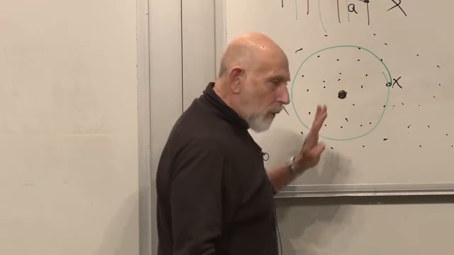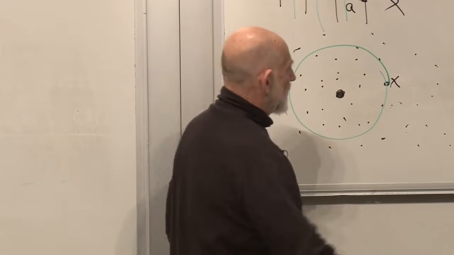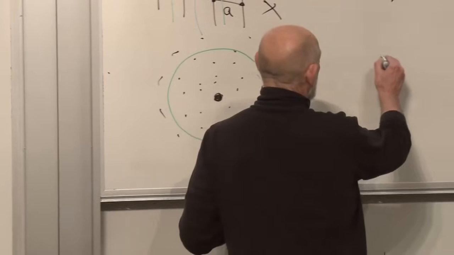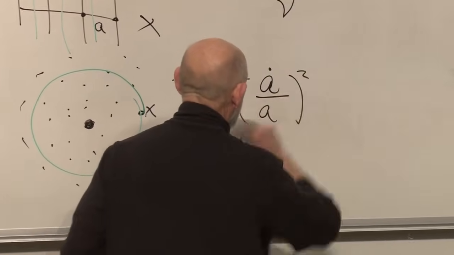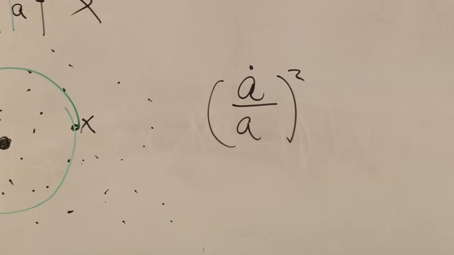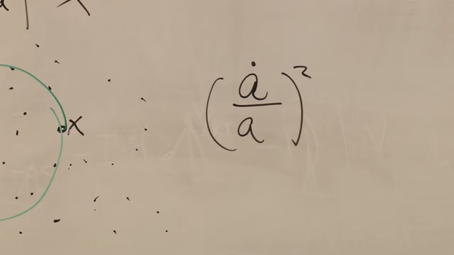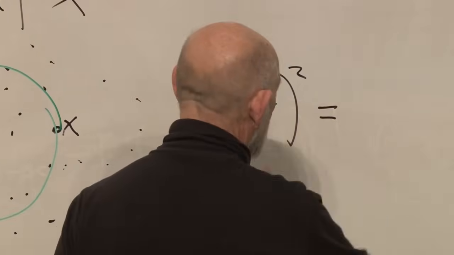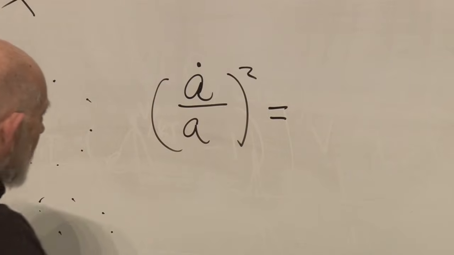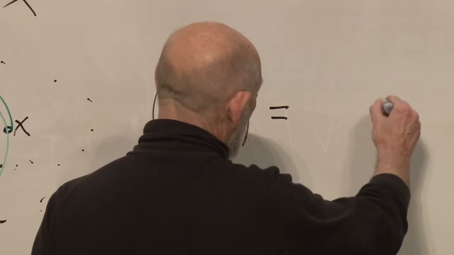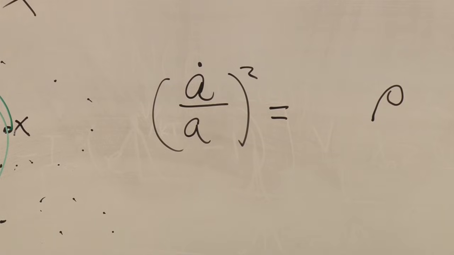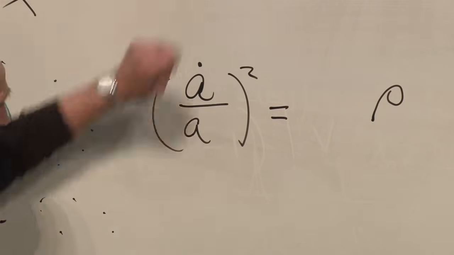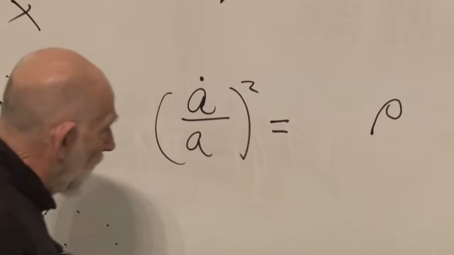Let me remind you what the equation was. The equation that was derived was that A dot over A squared, that came from the kinetic energy, was equal to the density of matter, rho, measured in physical units, in other words, measured in kilograms per cubic meter, not this new object over here, but rho.